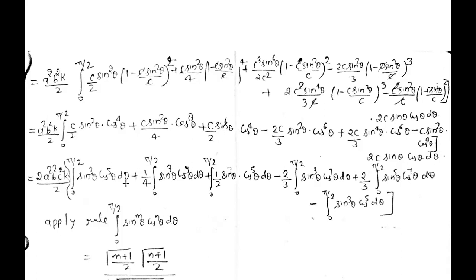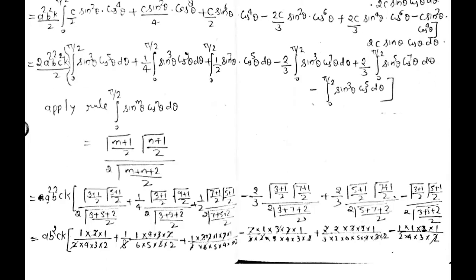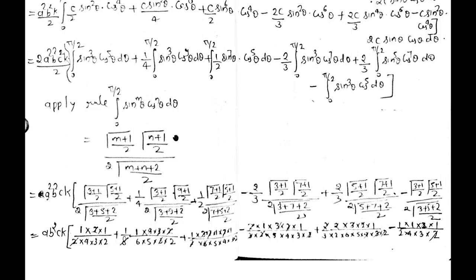Then take it outside, and all these functions are in the form of the integral from 0 to pi by 2 of sin to the power m theta cos to the power n theta d theta, right? When you apply this formula, gamma of (m+1)/2, gamma of (n+1)/2, and so on, and do your calculation. This is a hard calculation, so do it yourself and get your answer, right?